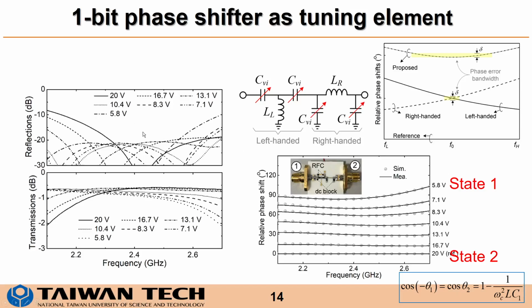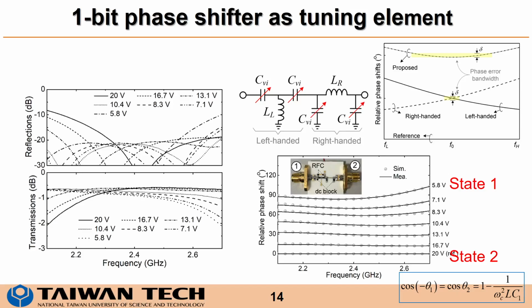And about the reflection coefficient, we try to vary the capacitor in different stages to see the performance of the structure, and it seems like the performance is still good when we tune the capacitor value.